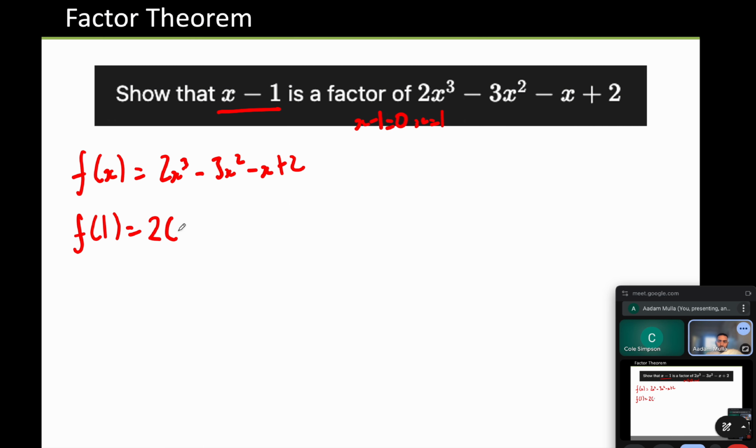So 2 multiplied by 1 cubed minus 3 multiplied by 1 squared minus 1 plus 2. 1 cubed is 1 times 2. 1 squared is 1 times 3. So 2 add 2 is 4, minus 3 minus 1 is 0. So this is showing that when x is 1, I get 0.